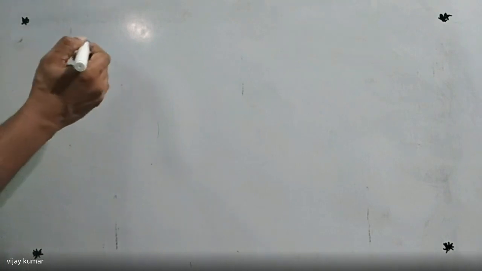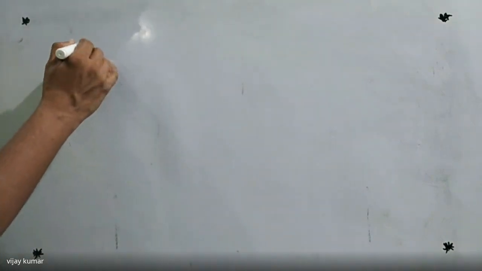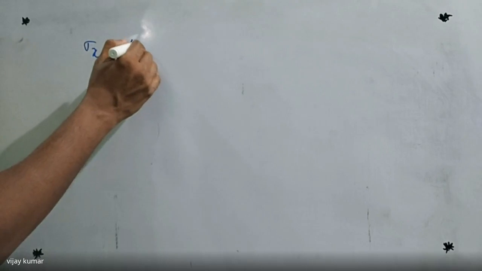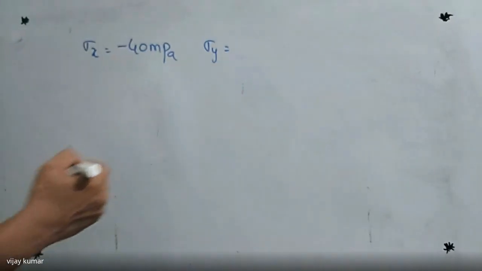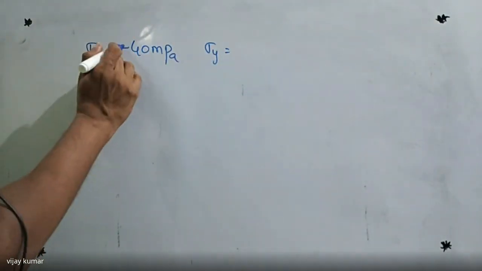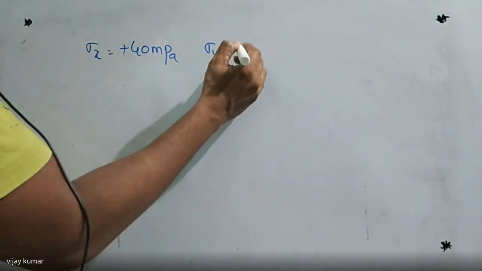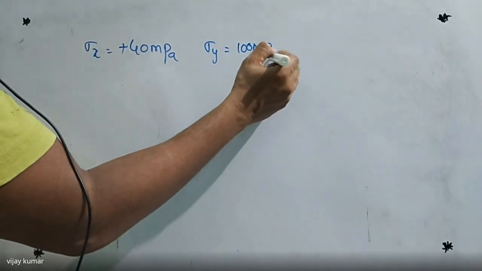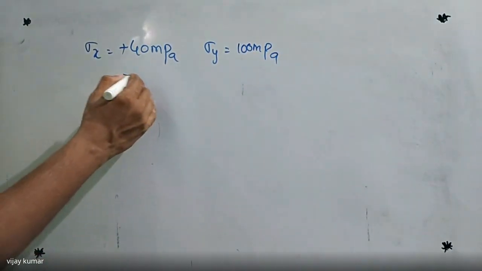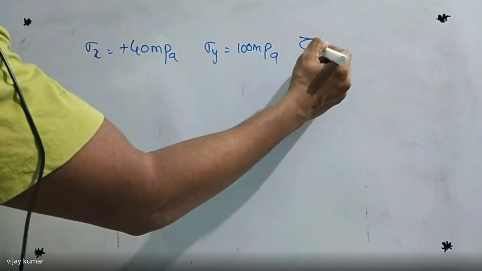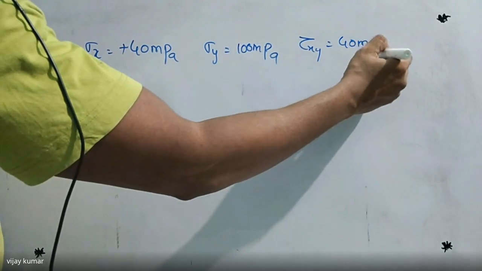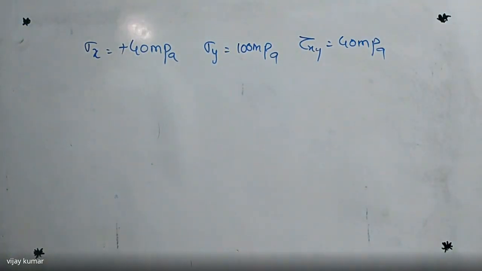All right. So here, one more question is given in the GATE examination. So this is the sigma x value. Sigma x is given as minus 40 megapascals, and sigma y is 100 megapascals, and tau xy is equal to 40 megapascals.